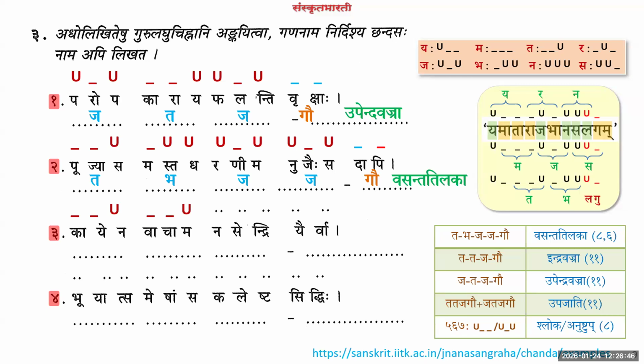Manasendriyairva, guru laghu. Nasendri, that is laghu, guru, laghu. Yairva, guru. Yair, because of repha, it is guru, and va is guru. Well done. So what do we have? Guru. And antapade guru should be there. Yeah, so we have ta.